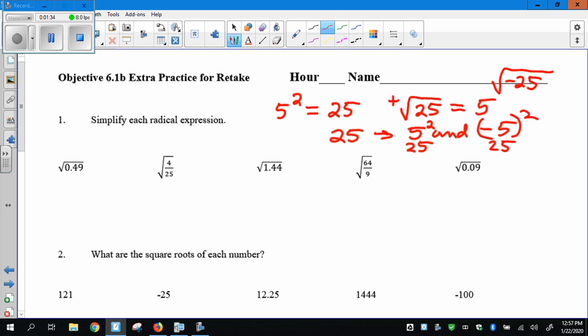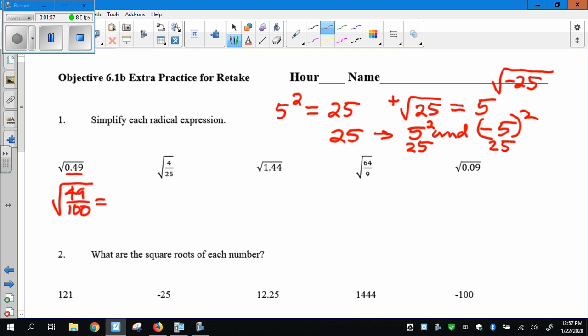All right, so we're going to do some problems here, and I think a lot of these you can do without your calculator, but don't be afraid to go ahead and use your calculator if you need to. Like this first one here, this number is really 49 hundredths. One thing I notice about both the numerator and the denominator is they're both perfect squares.